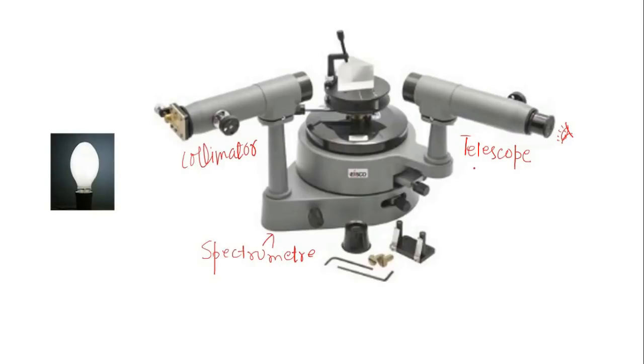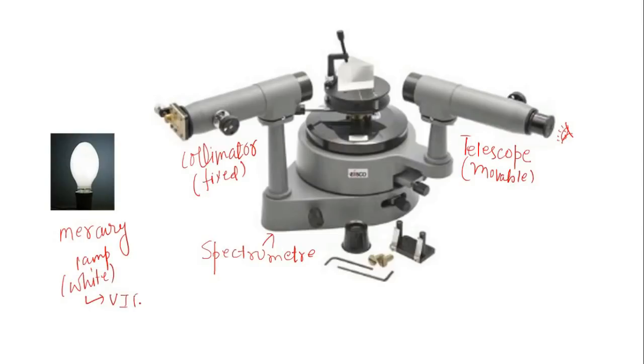Basically the telescope is a movable part and this does not move, the collimator is fixed. And here we have a mercury lamp, and the mercury lamp actually emits white light, and we know that white light is made up of 7 different colors.